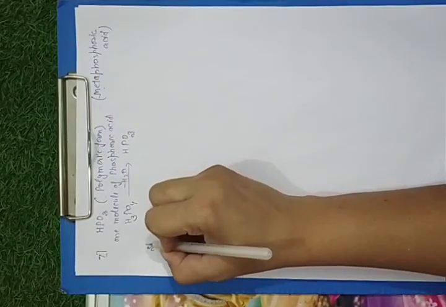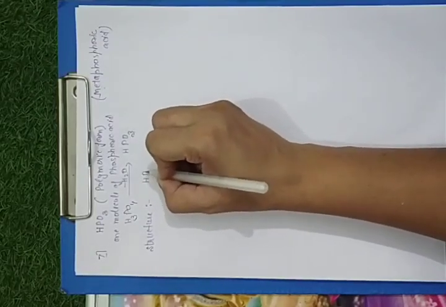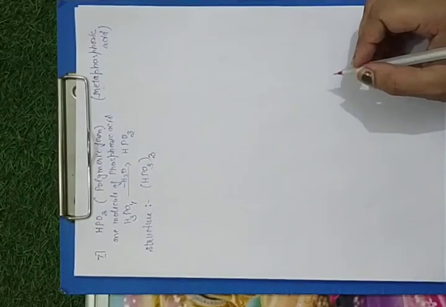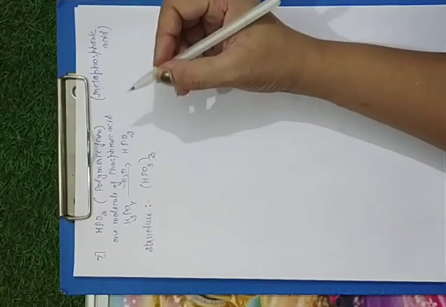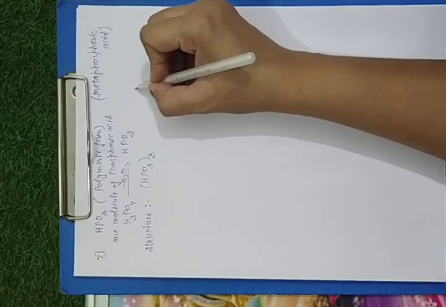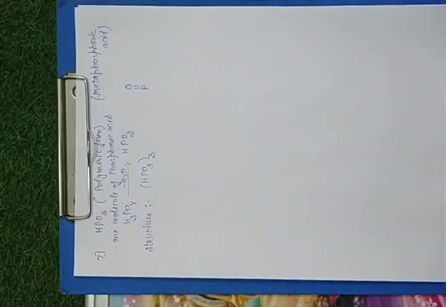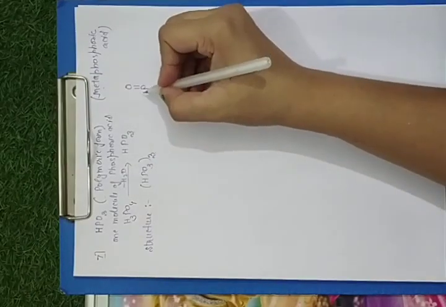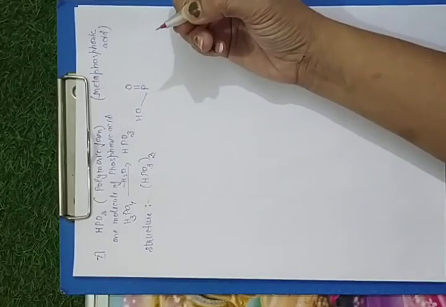Structure: as we discussed, it is present in polymeric form. Take its polymeric form by repeating the same unit 3 times. So 3 HPO3 units are linked with each other like this. This one is phosphorus, which is connected with 1 double bond O. The remaining 1 atom of hydrogen is, suppose, OH.